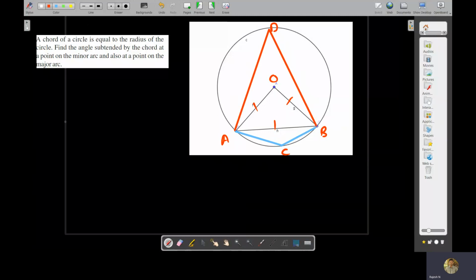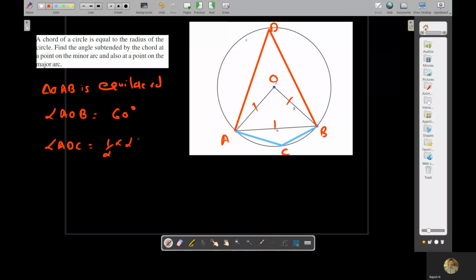So triangle OAB is what type of triangle? Triangle OAB is equilateral. Therefore, angle AOB is equal to what? 60 degree. If angle AOB is equal to 60 degree, what is angle ADB? Half into angle AOB.